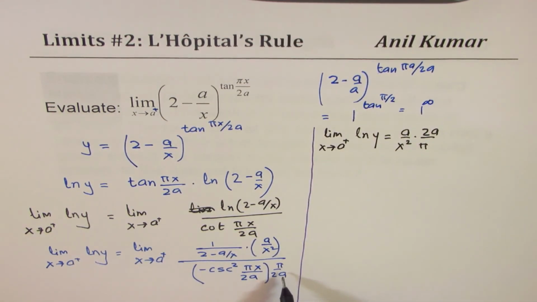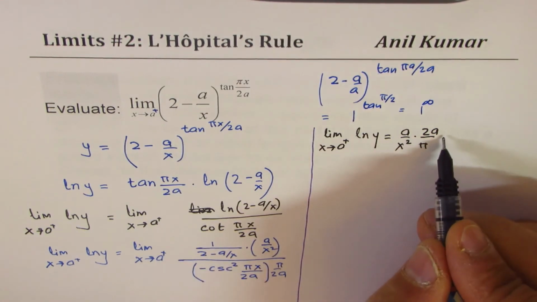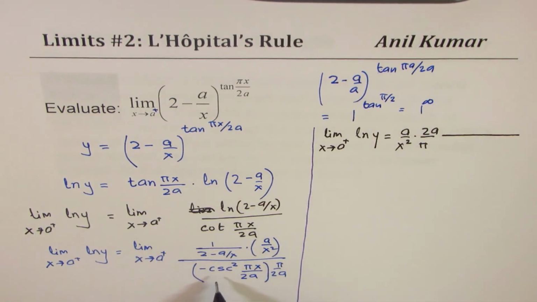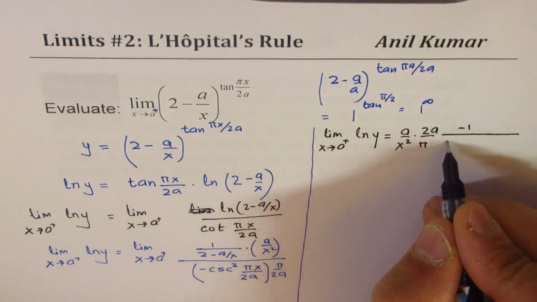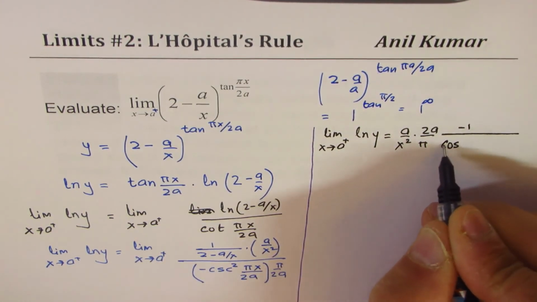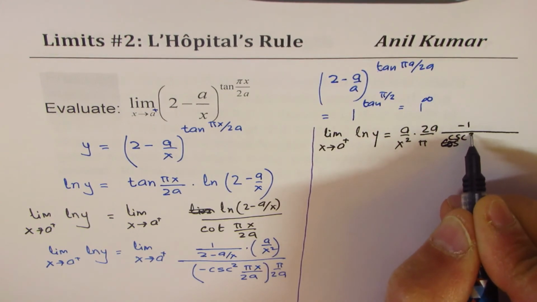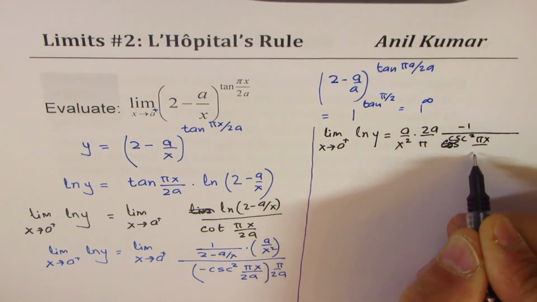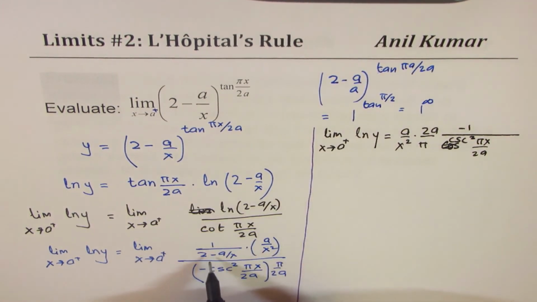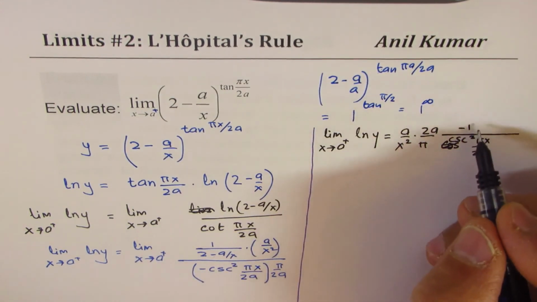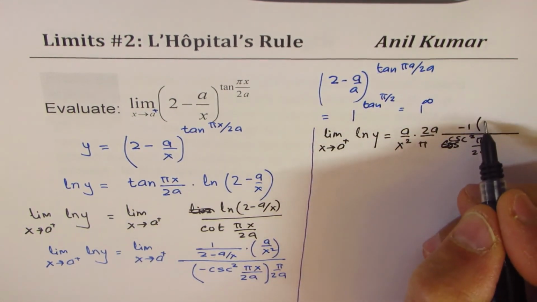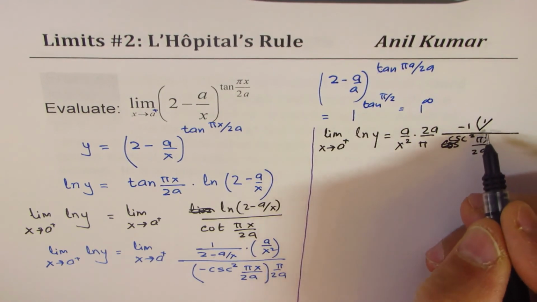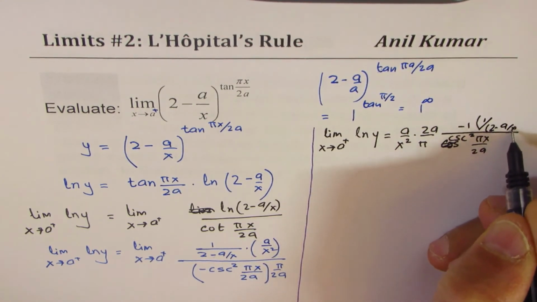We could write this as 2a over pi, and then we have here negative sign, so I made negative 1 here. So we have cosecant square(pi x over 2a), and then we have all this, which is, okay, let me keep it in the numerator, 1 over (2 minus a over x).